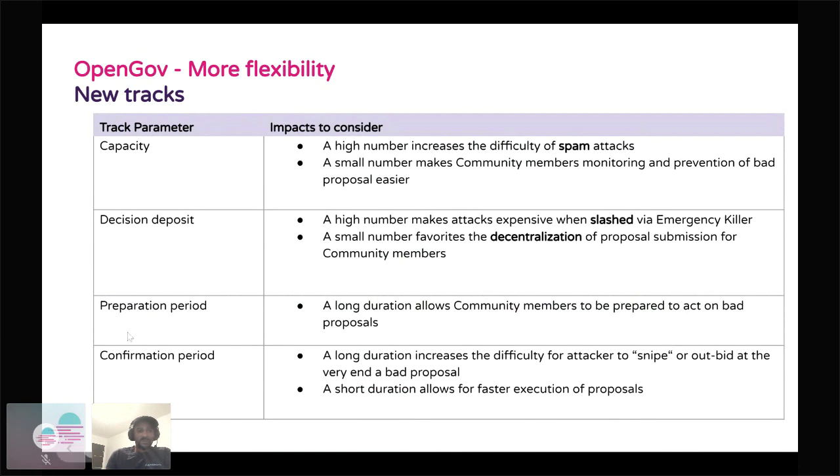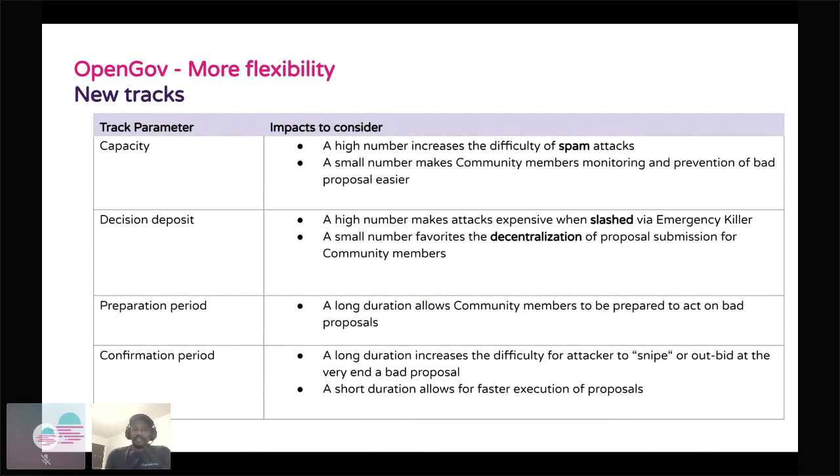The same thing goes for the preparation part. This is a duration where community members can start to be prepared, to know that there will be a proposal going through, to read it, and to engage on top of that. And there is also the confirmation period, which is quite critical, and which will prevent snipe attacks, where a bad actor votes on the bad proposal at the very end.